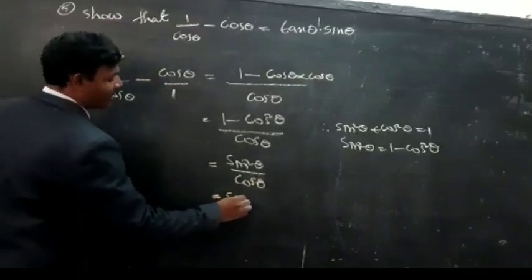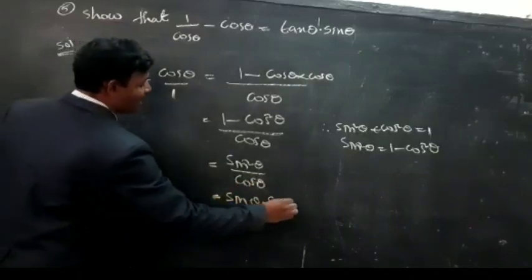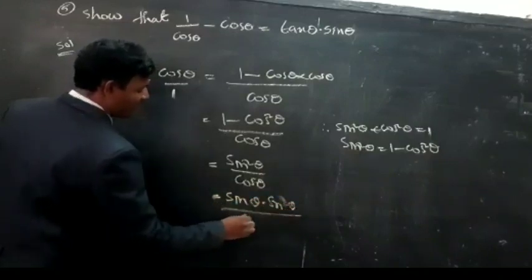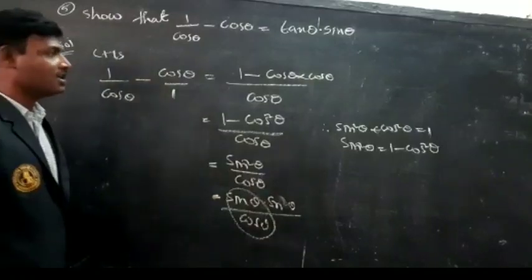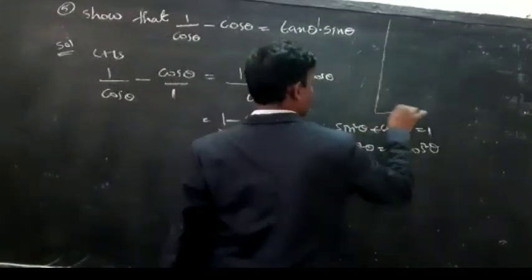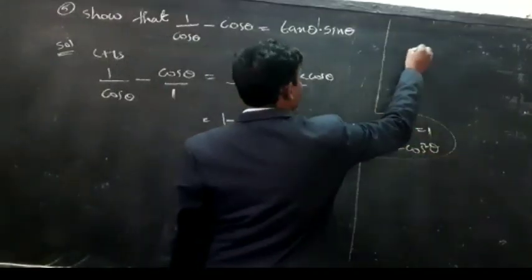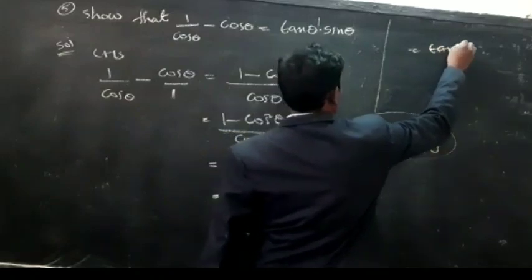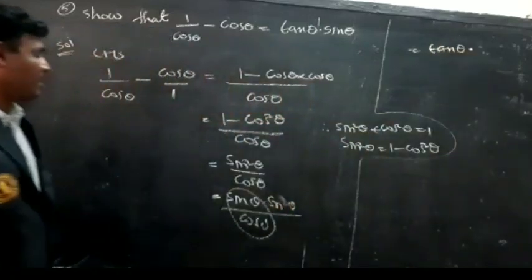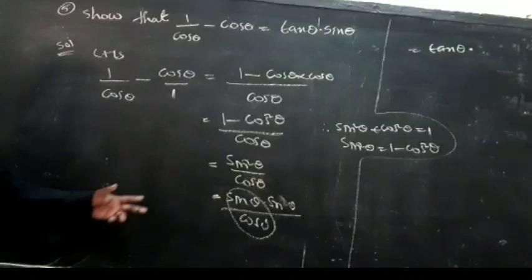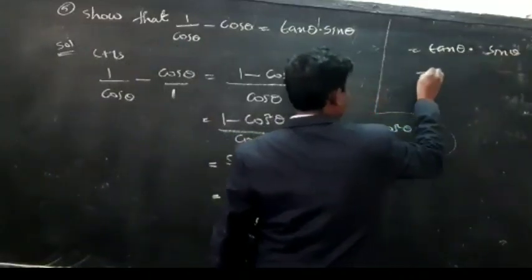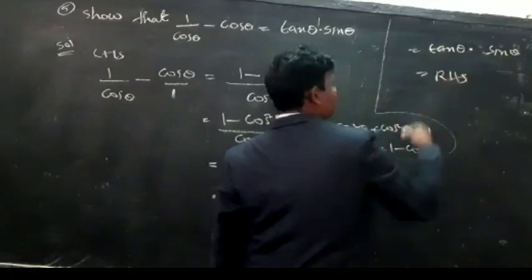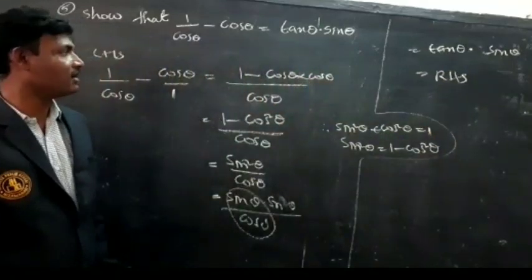Sin square theta we can write as sin theta into sin theta by cos theta. Sin theta by cos theta we can write as tan theta, so tan theta into sin theta is equal to RHS. The value of LHS is equal to RHS.